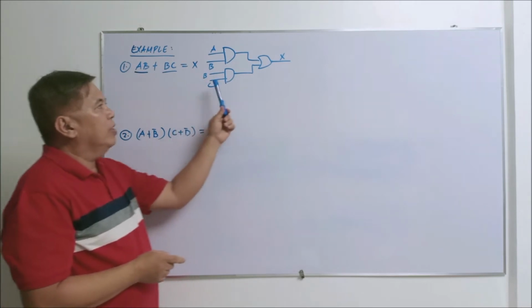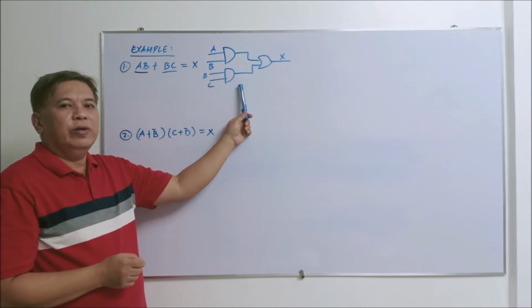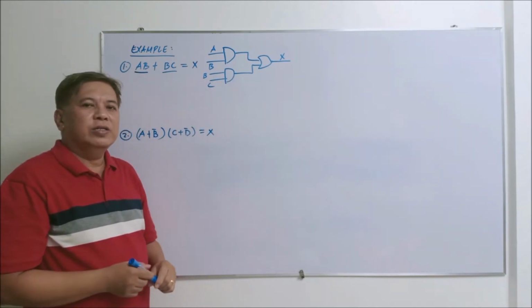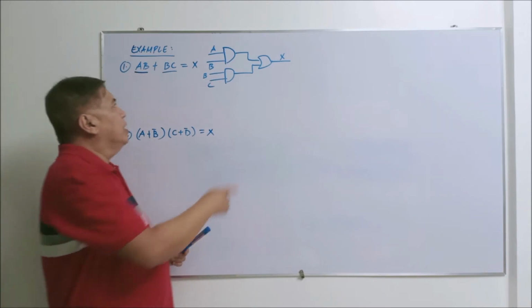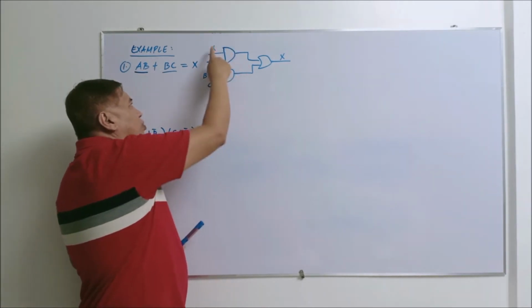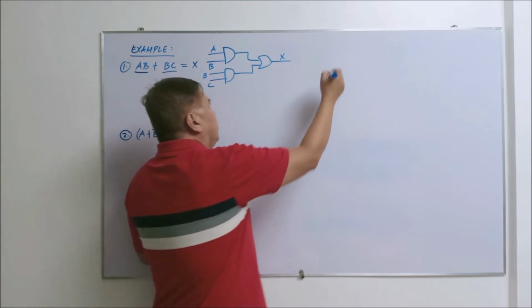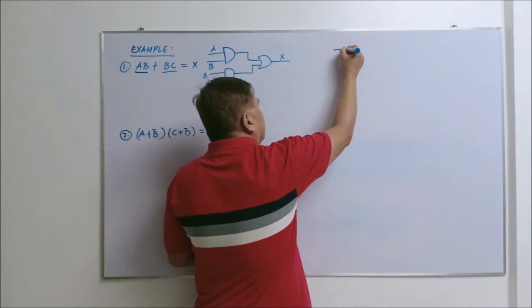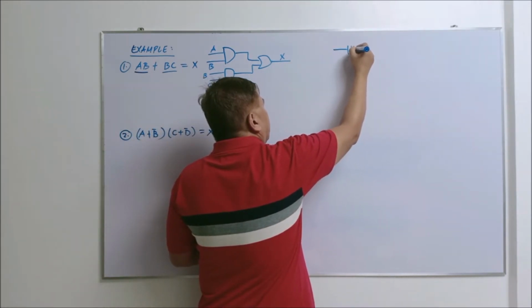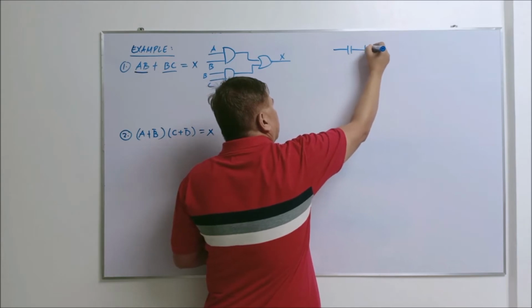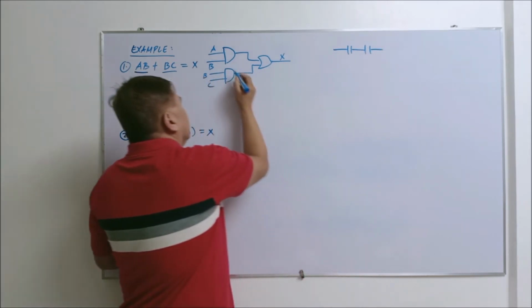So how do we make a program, or how do we represent this in our Siemens ladder equivalent? Now, we know that this two-input AND gate can be represented by normally open contacts connected in series.